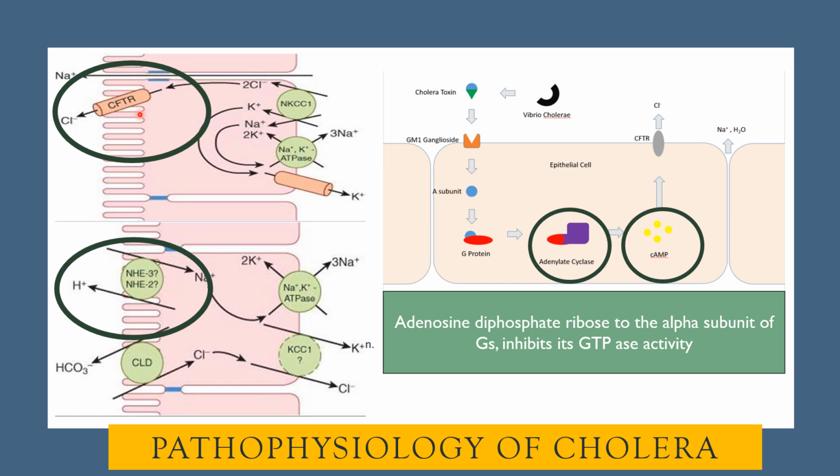As a result of that, the chloride ion will be excreted out, and second, there will be a reduction in the activity of this NHE3, that is sodium hydrogen exchanger 3. As a result of that, the sodium chloride absorption is also reduced. So one thing is chloride is more secreted and sodium chloride absorption is less.